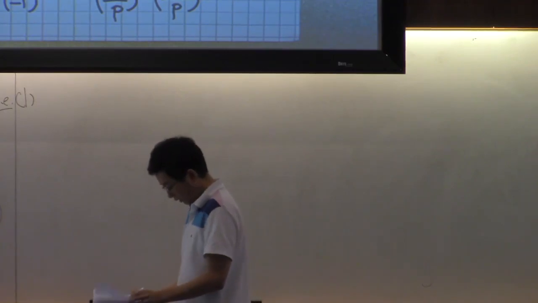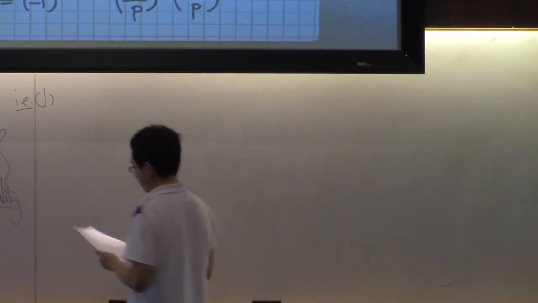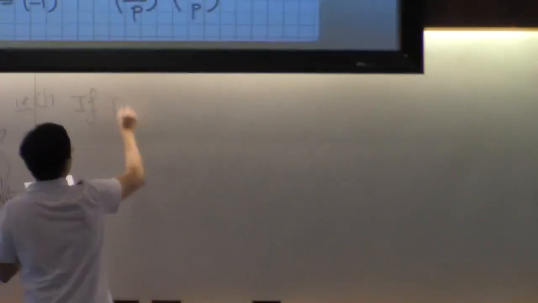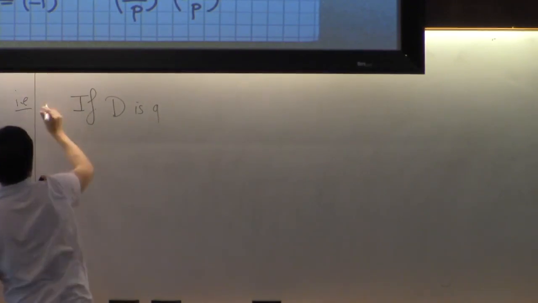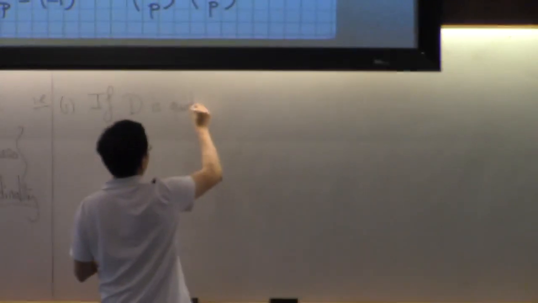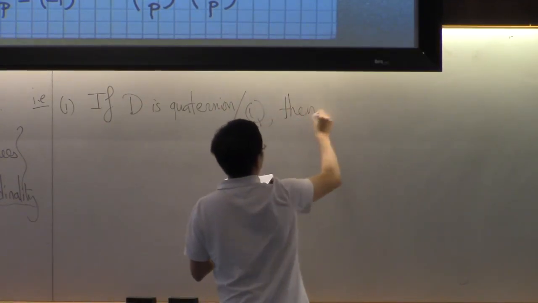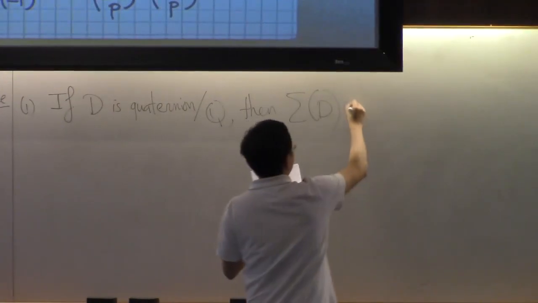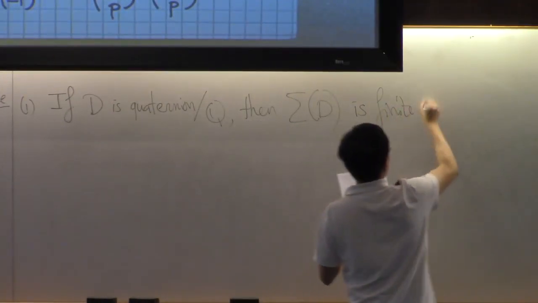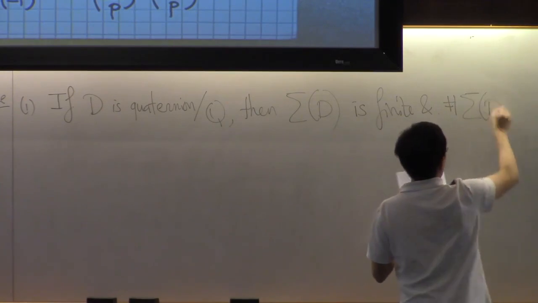Let's just spell out what the theorem says, explicitly, what we really need to prove. There are three parts. First, if D is a quaternion over Q, then the set of ramification is finite, and the cardinality is even.